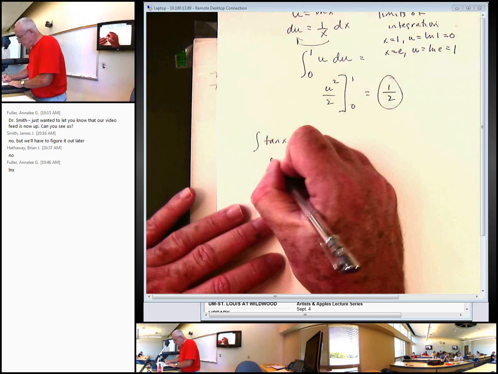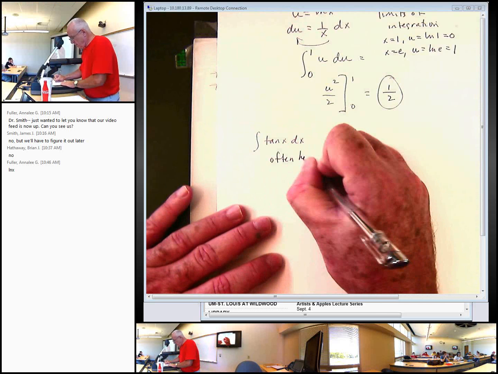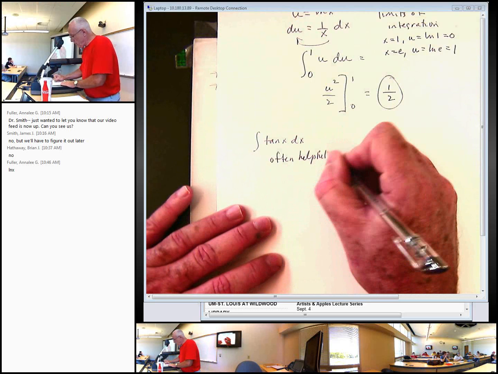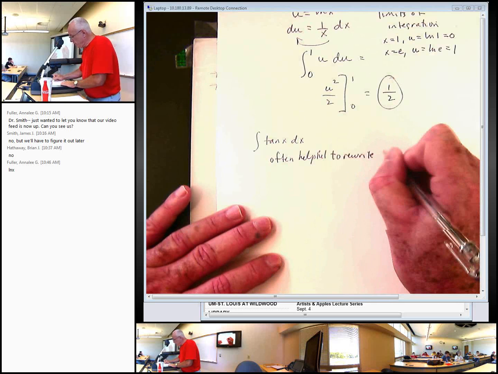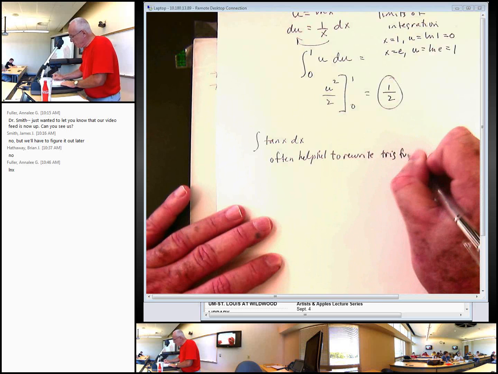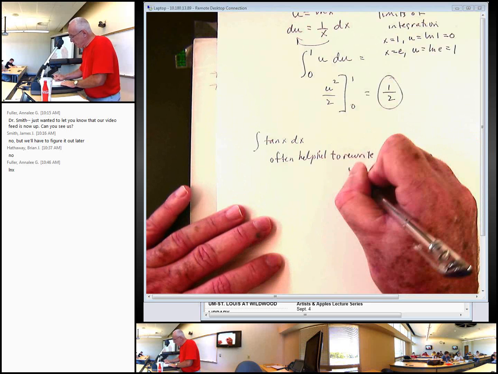Often helpful to rewrite your trig function in terms of sine and cosine.